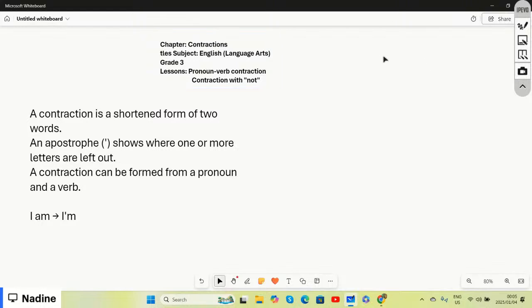All right, so when it comes to contractions, a contraction is a shortened form of two words. And when we use contractions, an apostrophe shows where one or more of the letters are left out.